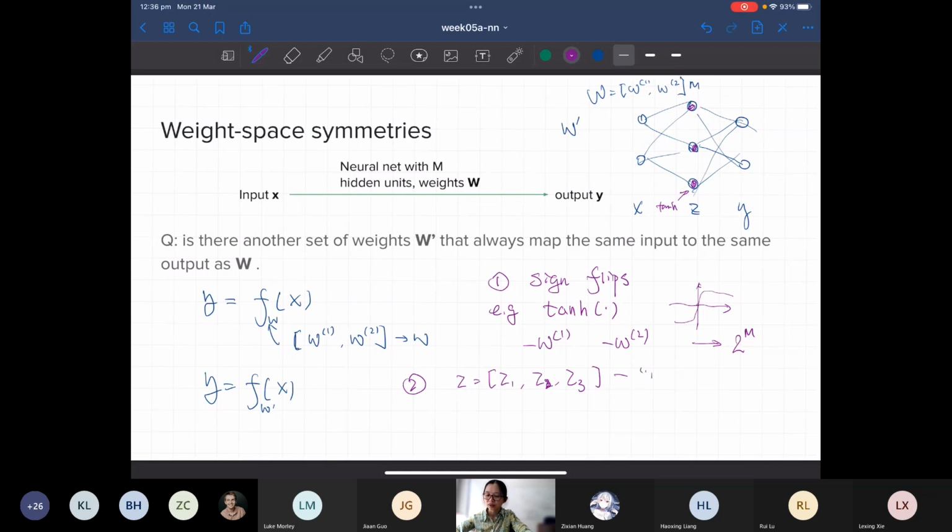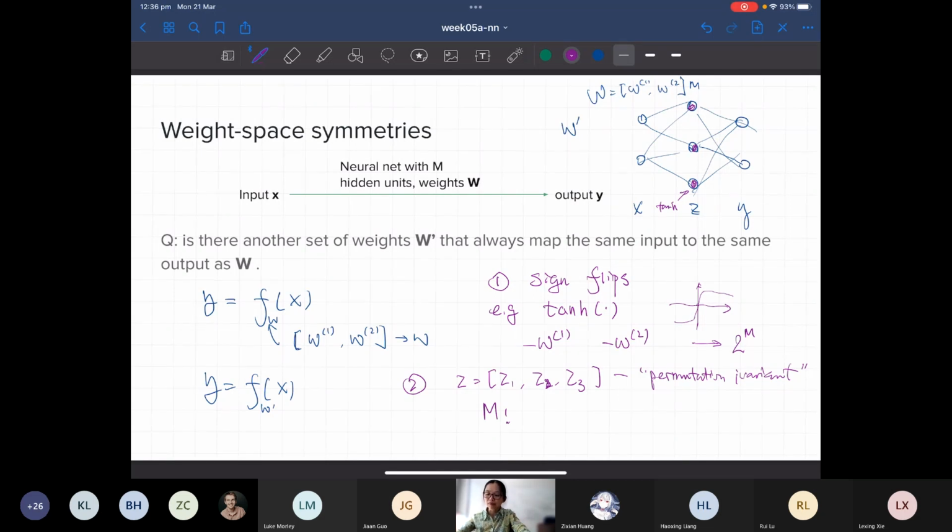So this is essentially permutation invariant. Meaning if I just renumber the z's and then correspondingly swap the weights between x and z and between z and y, I'm still going to get the same function. So this one has m factorial different permutations or renumberings.